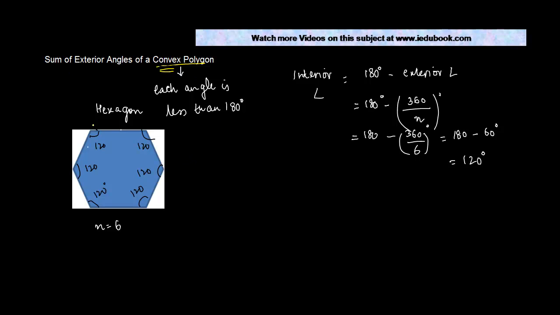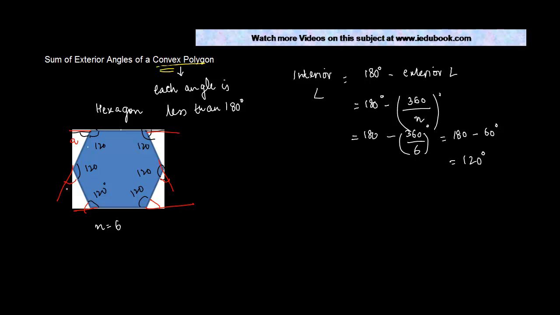Now, if you were to find out what is the sum of all the exterior angles of a convex polygon, so you basically are looking at this angle, this angle, this angle, this, and this.